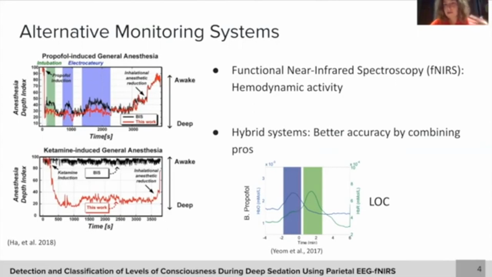Propofol has a specific one, which is different to ketamine and to other ones, but it can also be used as a biomarker of loss of consciousness. Moreover, we can combine EEG and fNIRS to create a hybrid system that is known to have better accuracy, because it combines the pros of electrical activity and hemodynamic activity, and then you have a more complete phenomenological context of what's going on in the brain.